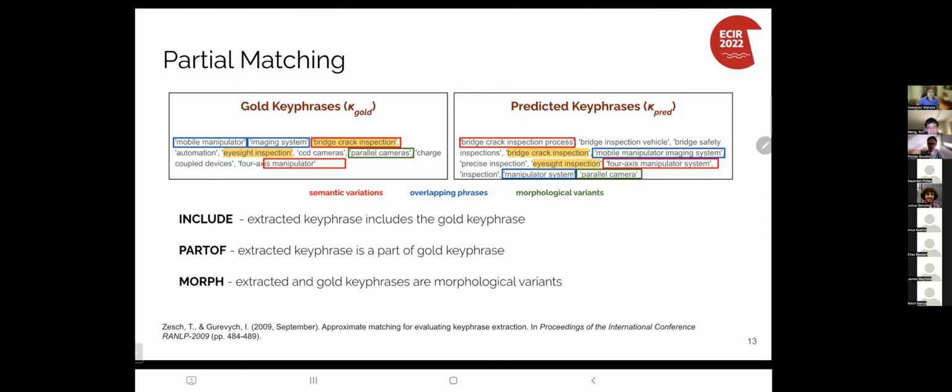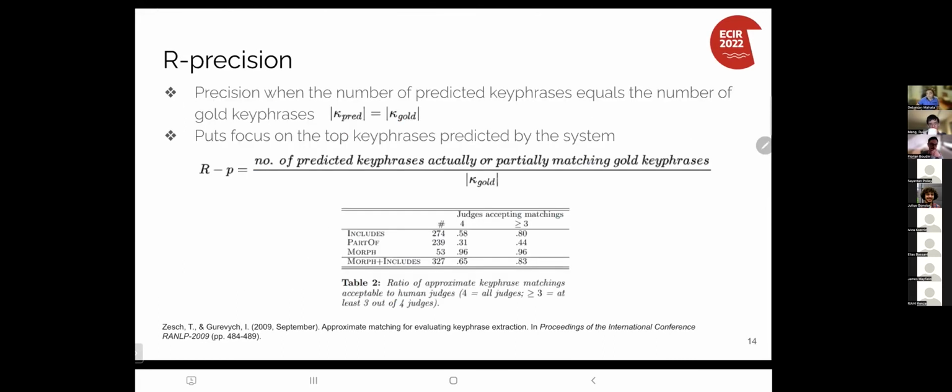And they also take care of morphological variants. Now, finally, they propose the R precision measure, which takes into account both the exact and partial matches. So they took the partial matches and got them evaluated by humans and found that the majority of the humans agreed in matching the morphological variants, but had issues with the part of variants.